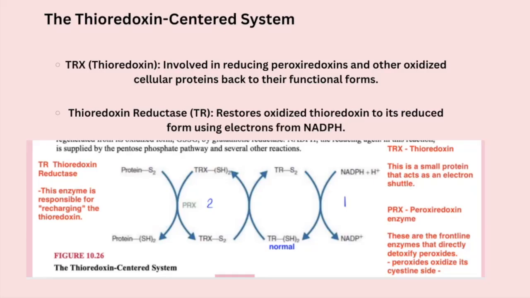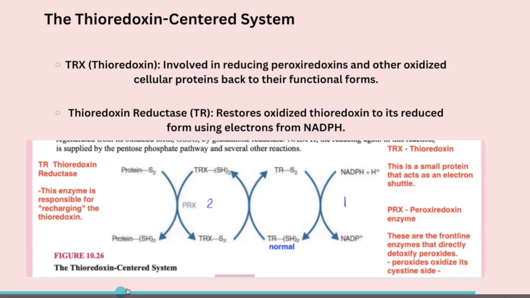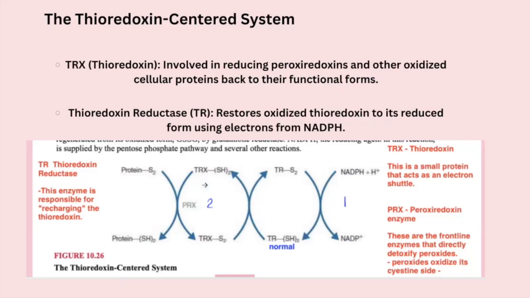Okay, so we have a protein with an S, as you see on the left at the top. Then after using thioredoxin reductase, it's going to make it natural again, protein SH2. Once the thioredoxin reductase had an H by itself, it gave its hydrogen to the protein, so it becomes normal again. So now I need something to regenerate the thioredoxin reductase. Okay, so now we're going to use thioredoxin. All of them basically take the hydrogen, give it to someone else, and then they need their hydrogen back again.